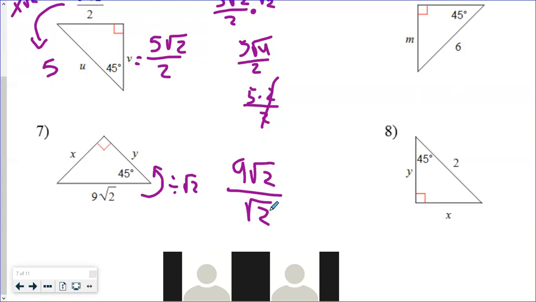How does that simplify? Would you cross out the square root of 2? Yeah. So that just leaves me with 9. And if one of the legs is 9, what does that mean the other leg is? 9. All right. Good job, Jaden.